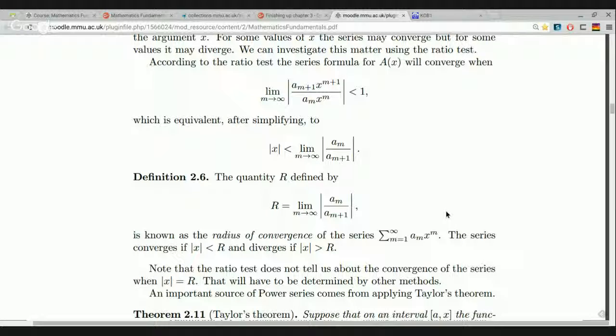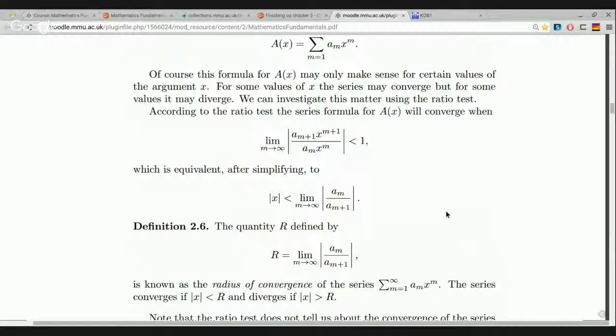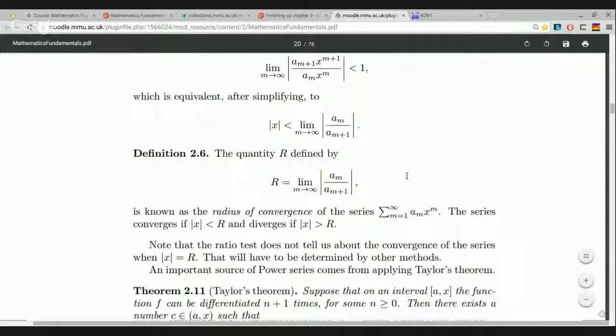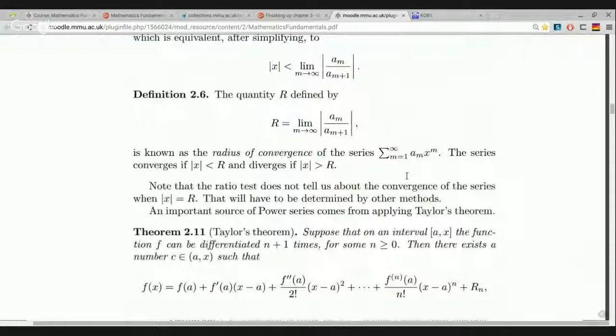Okay. Now, where do these power series come from? And this is the link to differentiation. What are these coefficients a_m? Well, in general, they're going to be the derivatives of the function, or the evaluation of the derivatives of the function at some base point. Okay.